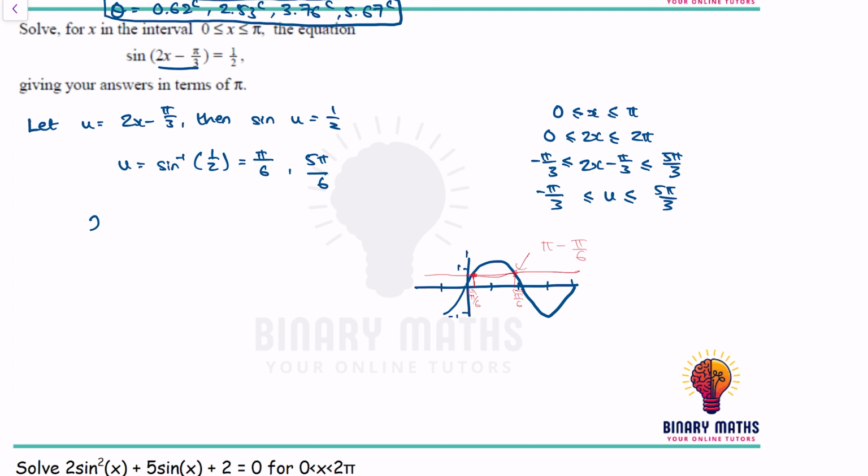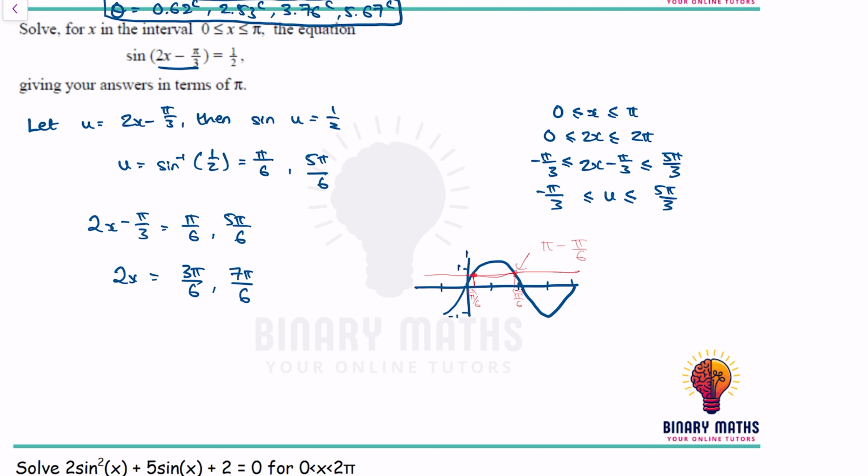So that means 2x minus pi over 3 is equal to pi over 6 and 5 pi over 6. So for 2x, we have to add pi over 3 to both. When I add pi over 3 to both, I get 3 pi over 6 and 7 pi over 6.